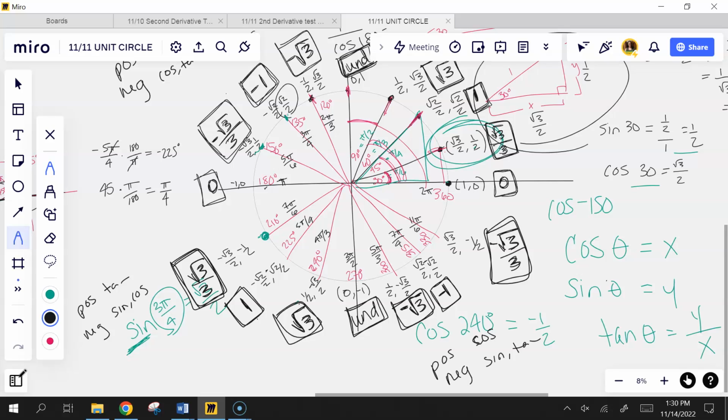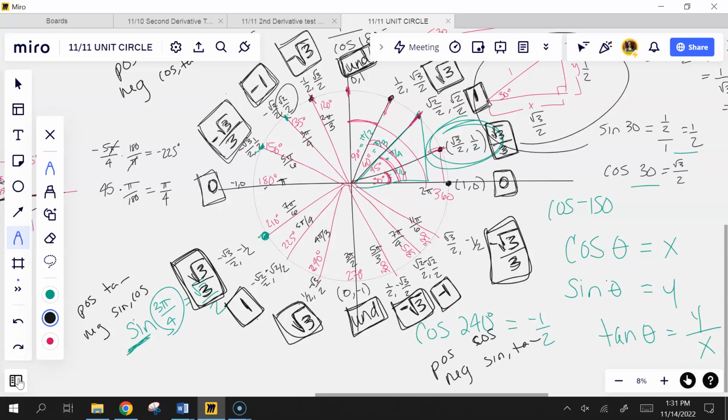Here's 5 pi over 4. Oh, that makes sense. I just did that angle.